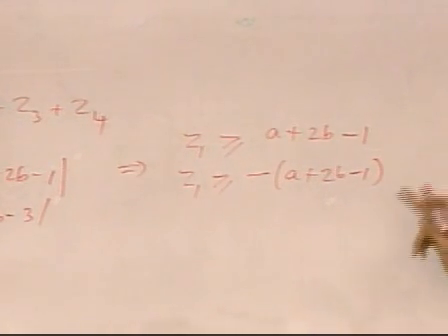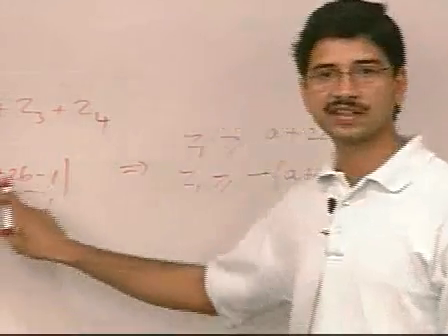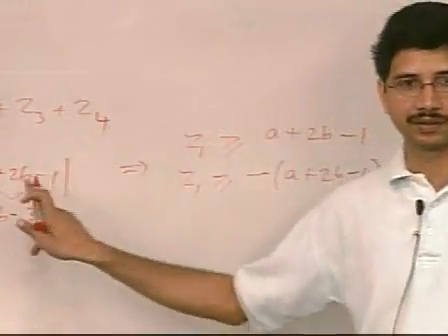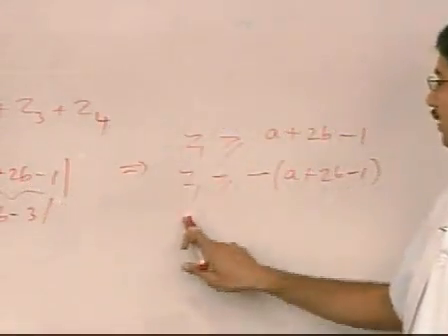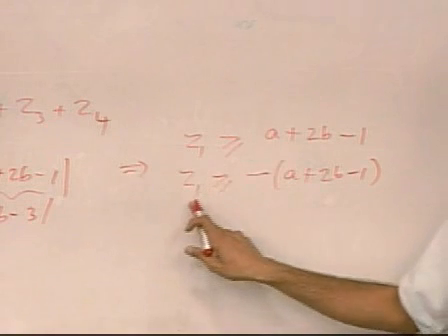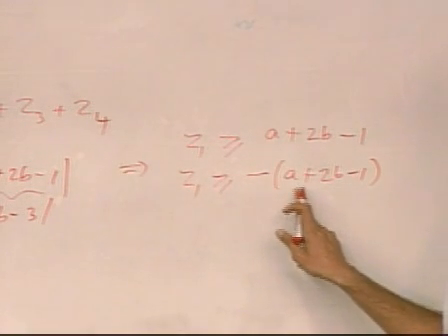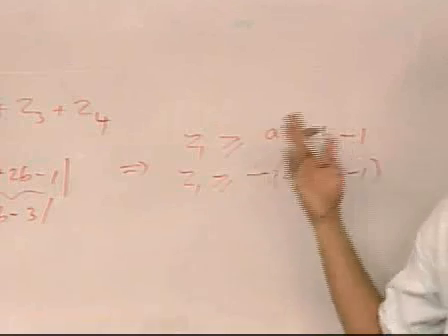So, suppose you have A and B such that this quantity is minus 3. Then these two constraints say that Z1 is at least minus 3, and this one says Z1 is at least 3. So Z1 will have to be at least 3.